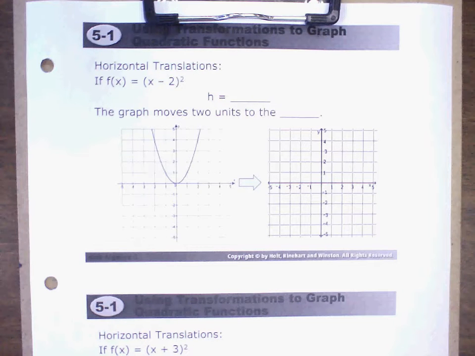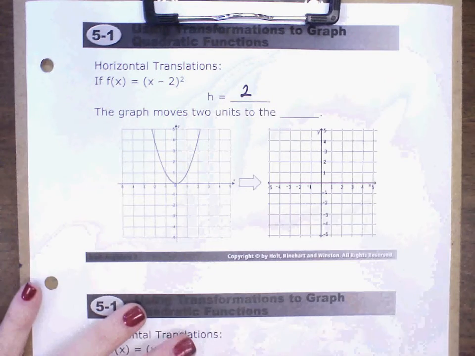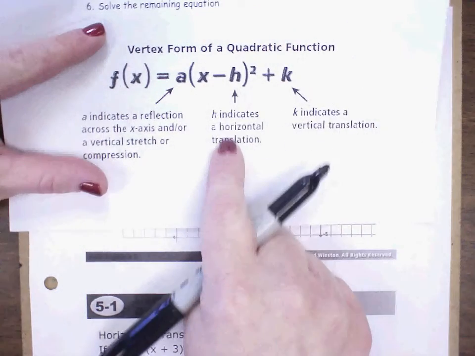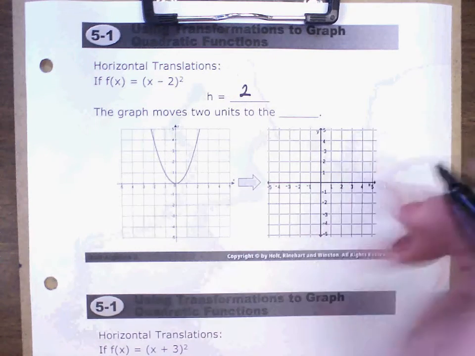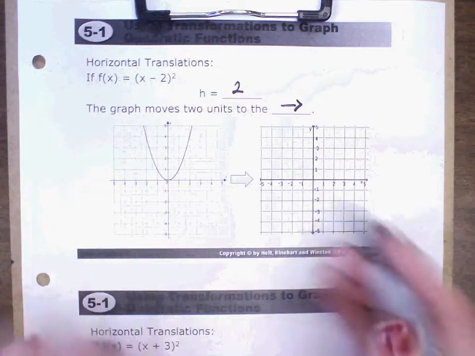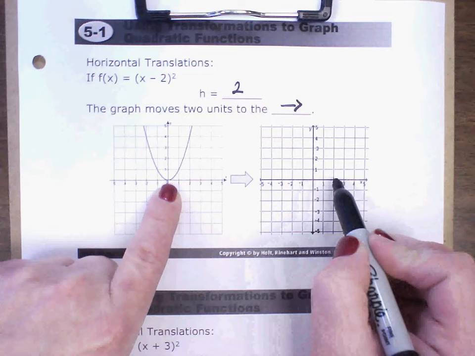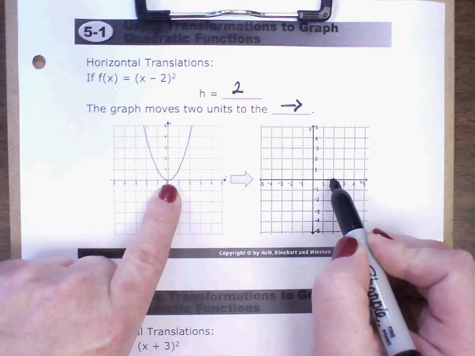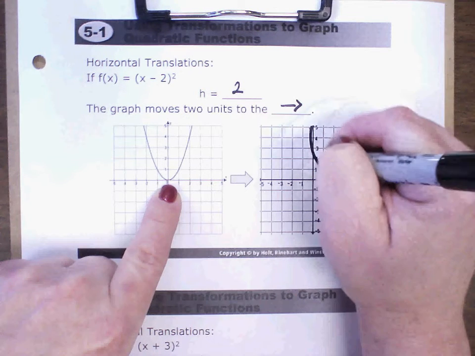So in this case, what is h? Say it again. 2. Very good. I told you that it was the opposite of what it was, so h equals 2. Now, h is horizontal, so it moves it right or left. So if it's positive 2, where do you think it moved? To the right or to the left? To the right. So this graph moves 2 units to the right. So instead of 0, 0, what would be the new vertex? 2, 0.